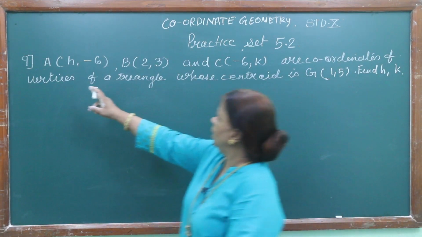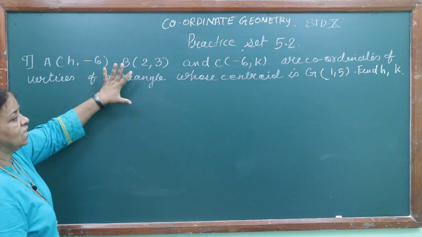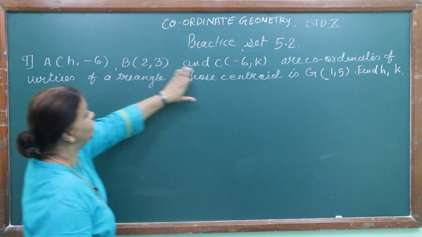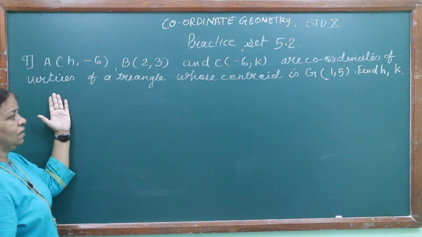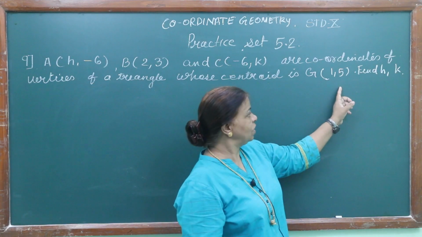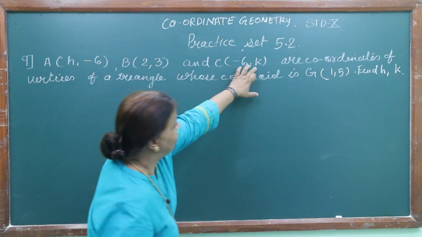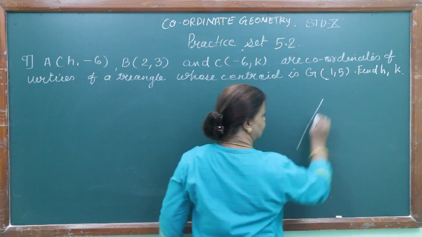Ninth sum, A, B, C vertices are given. These are the coordinates of the vertices of the triangle. Centroid G is given and the coordinates of the centroid are also given. We have to find the h and k values. Let me draw the triangle, children.